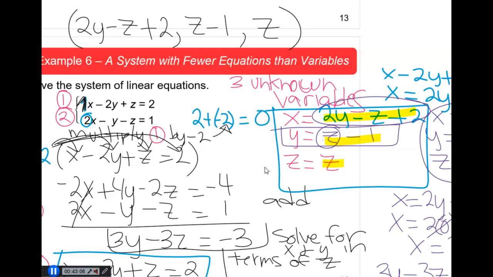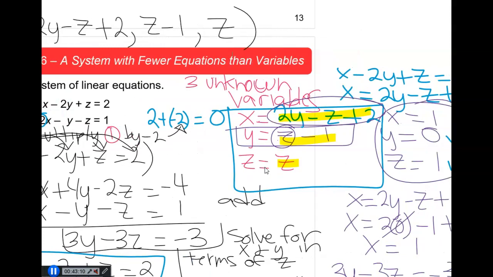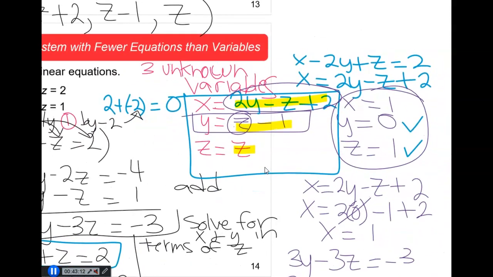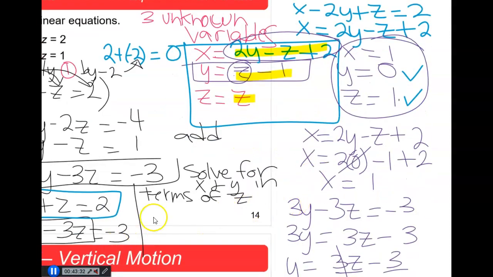And if they ask us, can you give us a solution set, it will be something like what I found here, where you assign a value for z and then you start back substituting. So a sample of that will be the ordered triple 1, 0, and 1. Okay, so that will be how you do it.